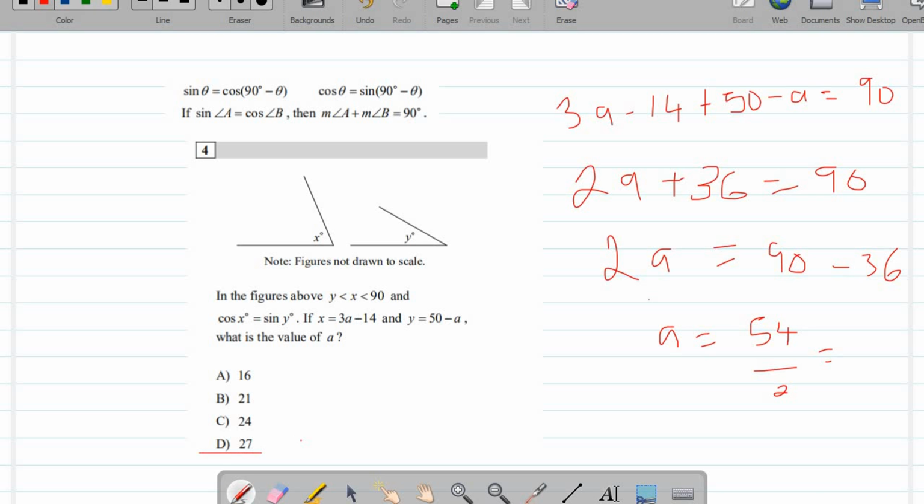So we have 27 degrees there. So that's our answer. Now you know how to solve this.